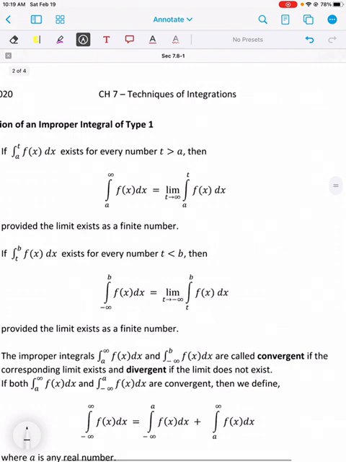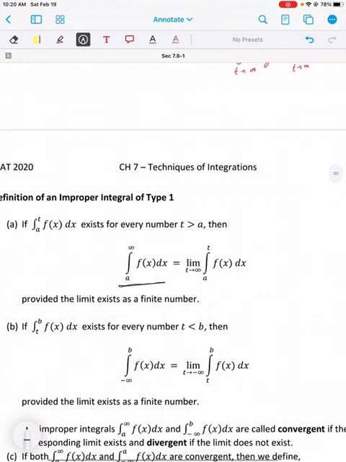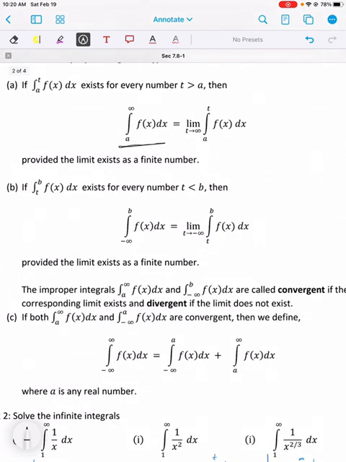And similarly for this type of integral, because the infinity is in the lower limit of the integral, that will be replaced by t, and then we say limit as t goes to minus infinity, and then we integrate. Now there can be a case where you have infinite limits at both places: negative infinity at the bottom and infinity at the top.